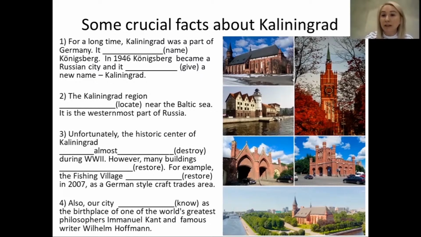So let's read about Kaliningrad, but at the same time, I want you to put the verbs in brackets into the correct passive form. So let's try to do it. For a long time, Kaliningrad was a part of Germany.